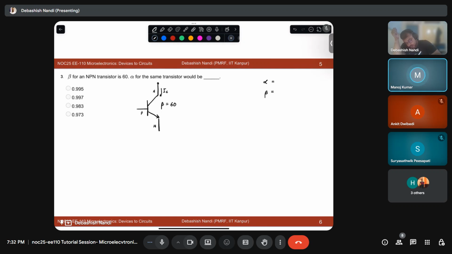Alpha is common base current gain and beta is common emitter current gain. So you understood, right? As soon as beta is given, I immediately draw the common emitter configuration.